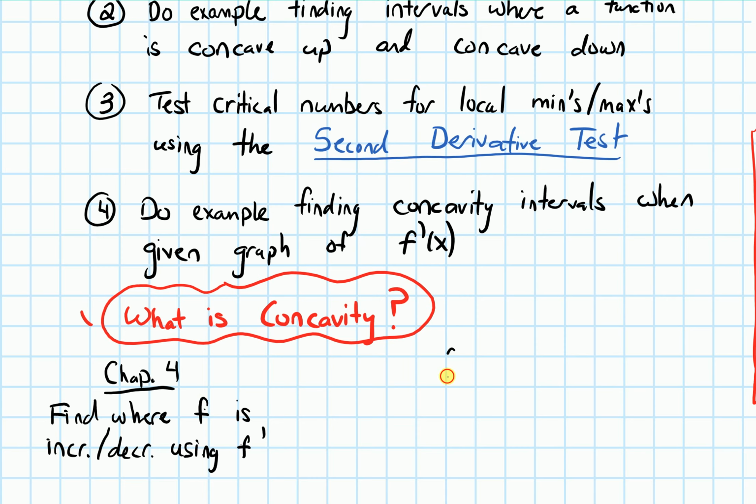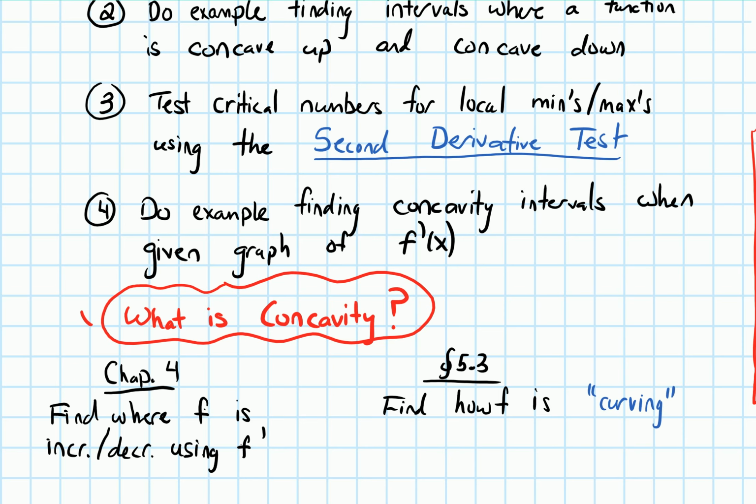So now in this section, section 5.3, we're going to try to get more information about our function, besides the fact that we can find when it's increasing and when it's decreasing. We're going to try to find how f is curving.